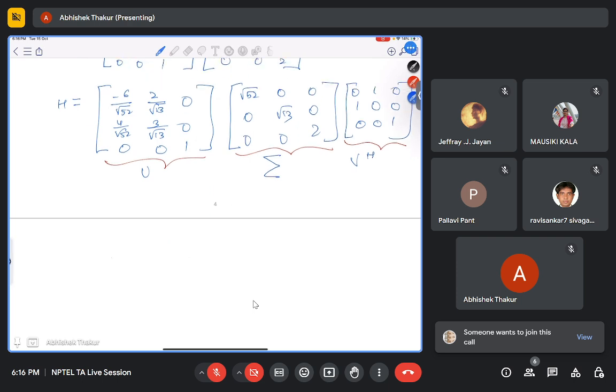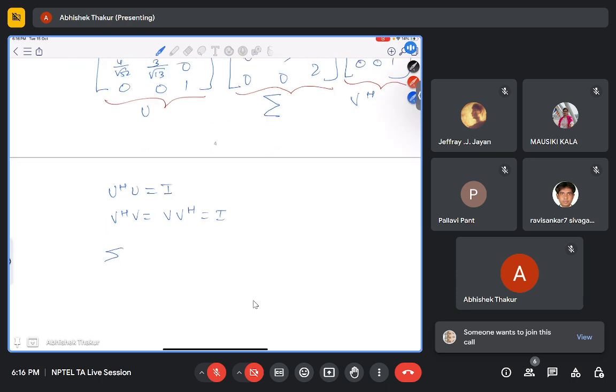And U Hermitian U will be I, V Hermitian V is equal to V into V Hermitian will be I, and the covariance matrix is root 52, 0, 0, 0, root 13, 0, 0, 0, 2.